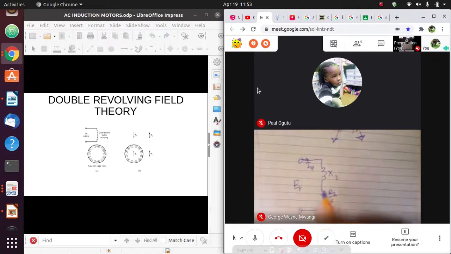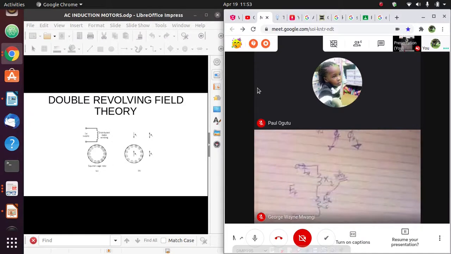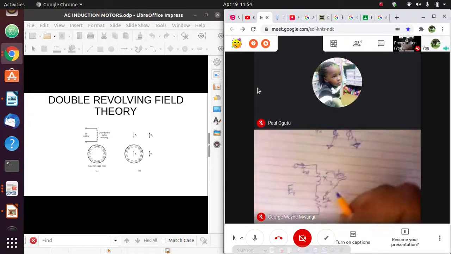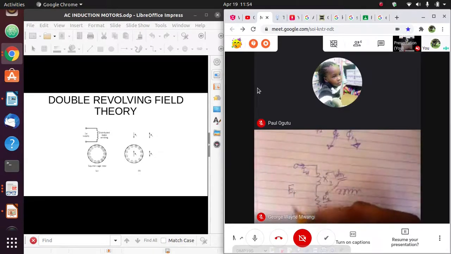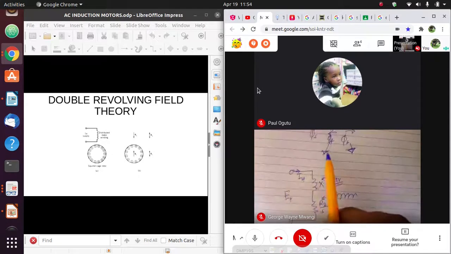Now remember, it is a rotor. We have the effect of resistance because of the wire, and the effect of inductance because it is a coil. Remember that a rotor is usually made up of coils. So there will be the aspect of resistance because of the resistance to movement of current in that wire, and we have the aspect of inductance because the wire has been coiled. Now when you represent the rotor circuit because of the forward flux, it will look like this.